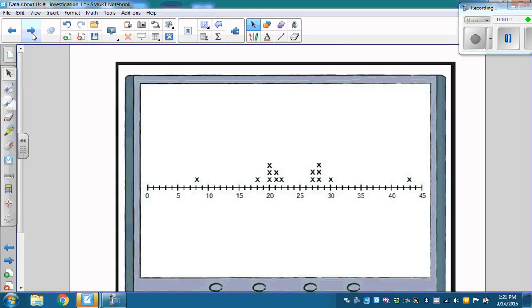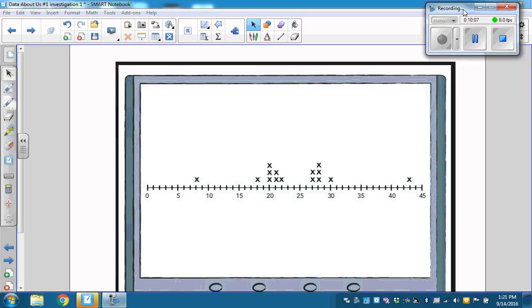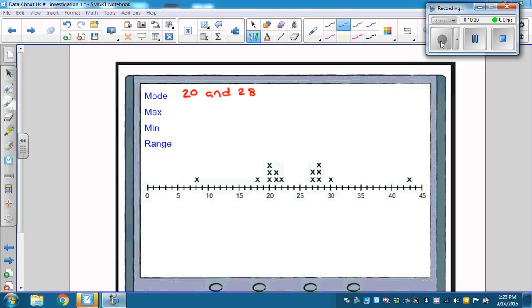Okay, so, with a little mental math, you should be able to just write down the answers to this. So, I'm hearing a couple of good questions. Like AJ said, there could be more than one mode. So the mode here is 20 and 28. And the max number is where the last dot or the last X is.